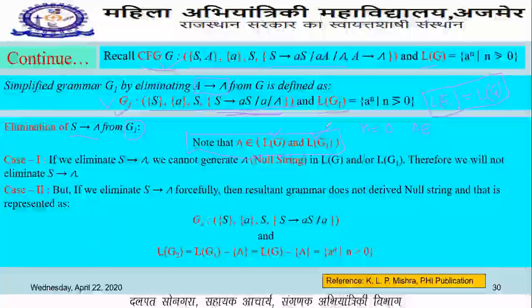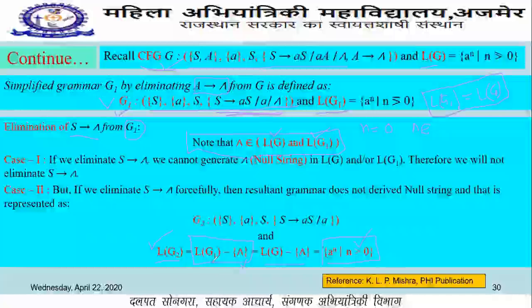If we do this, then the resultant grammar is equivalent to grammar G2, and the language of G2 is this, in which the language does not have the null string. It is described by the n occurrence of A, and the value of n is greater than 0 only, it is not equal to 0.